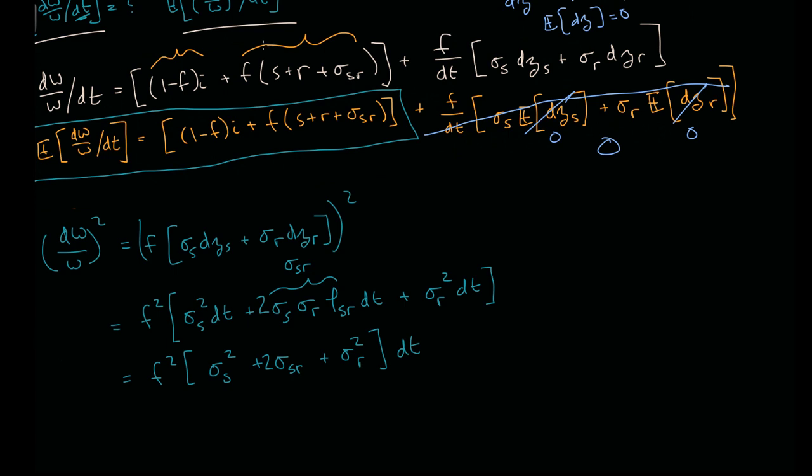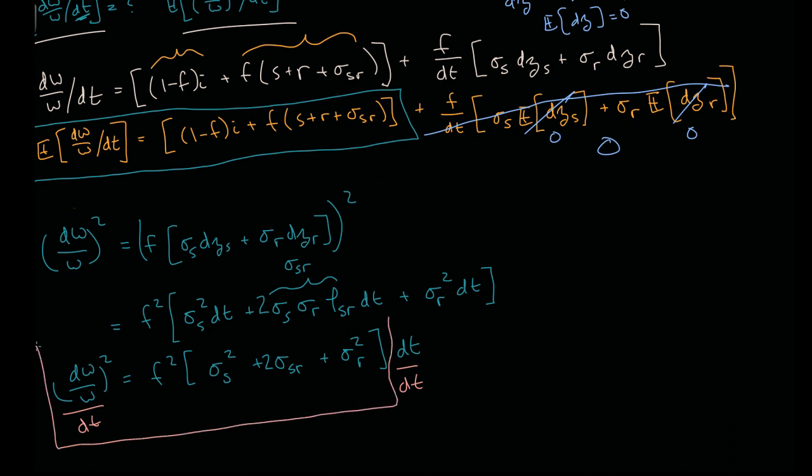And that dt term is about to go away because the question has asked us to divide by dt. So dW over W squared divided by dt will just be this first term without that dt.